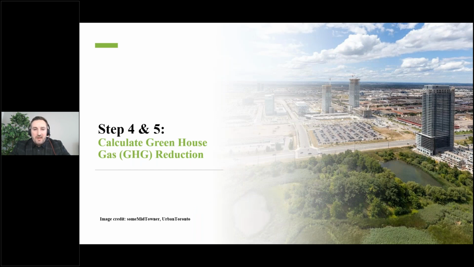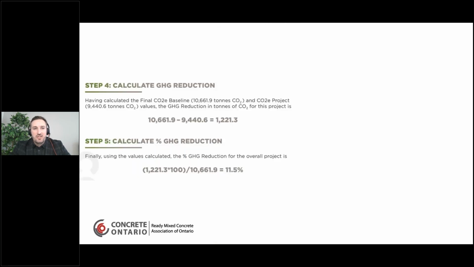So once you figure out your baseline, you figure out what was exactly shipped on the project, now you can calculate your greenhouse gas reduction. And all this information again is reflected in our guide as the step-by-step process. So you take your final CO2e baseline, which was just over 10,000 tons, and then you subtract what was actually shipped on the project with those optimized mix designs, and you get a GHG reduction of about 1,200 tons of CO2.